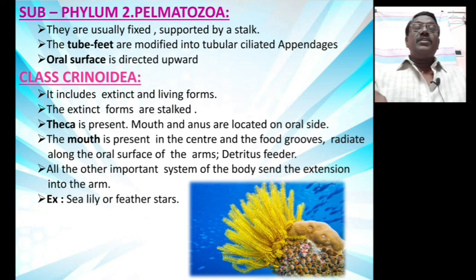This Crinoidea includes extinct as well as living forms. Extinct means dead. So it includes dead as well as living forms. Majority of the extinct forms are stalked. Theca is present.